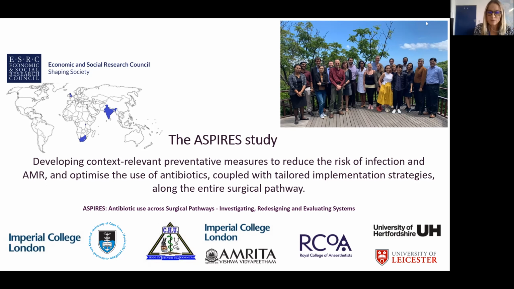As I said, this study started in the UK and then branched out to South Africa and India. And we've got some of our Indian colleagues here today. What we did in South Africa was really just a small part of the puzzle. The study sites were specifically selected because they already had well-functioning stewardship programs.